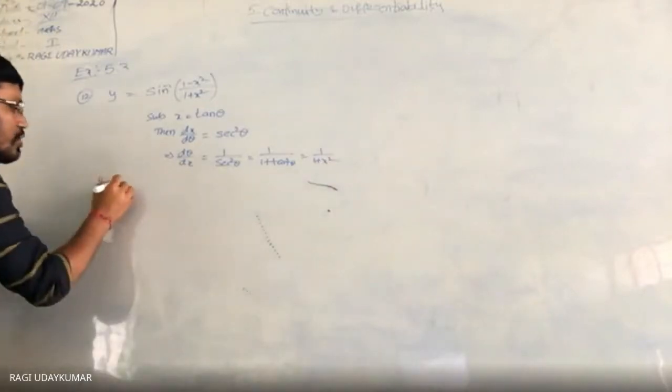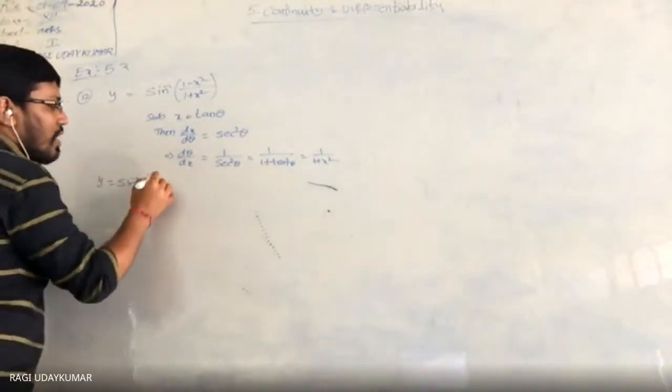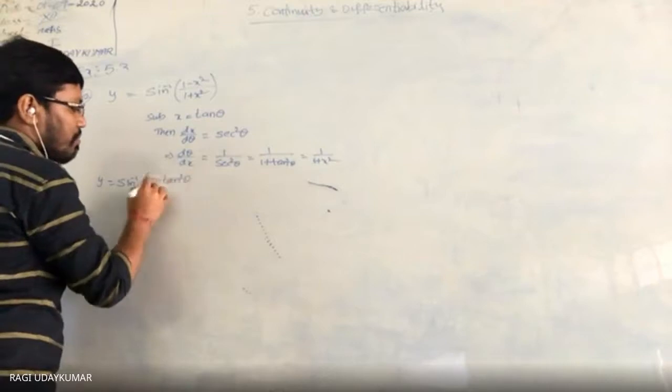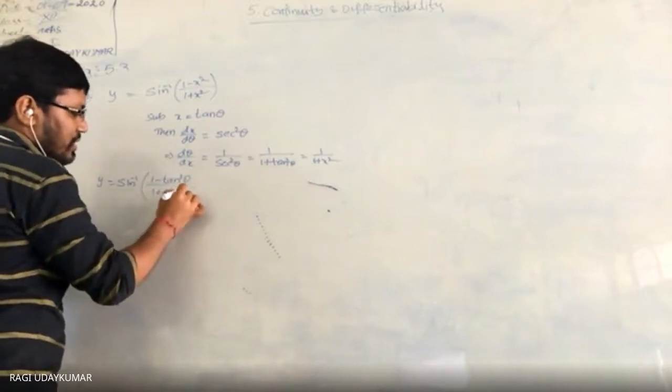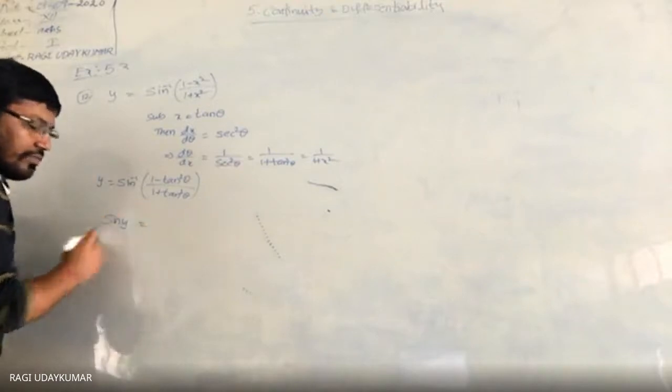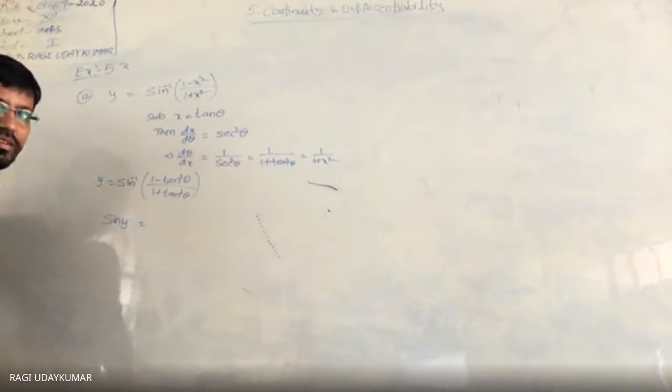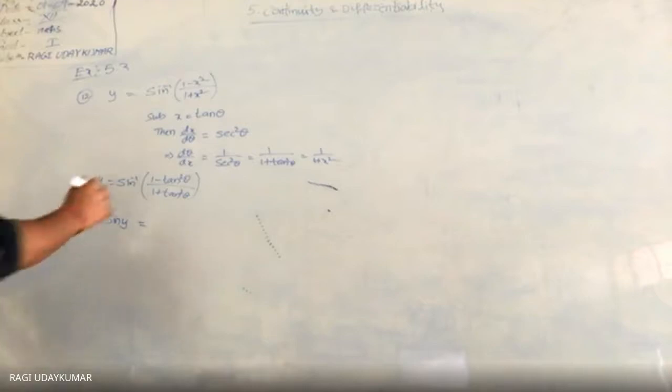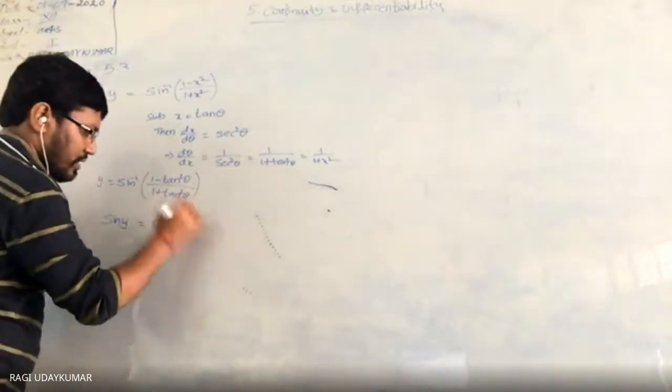So here y is equals to sine inverse of (1 minus tan square theta) by (1 plus tan square theta). So sine y is equals to cos 2 theta.